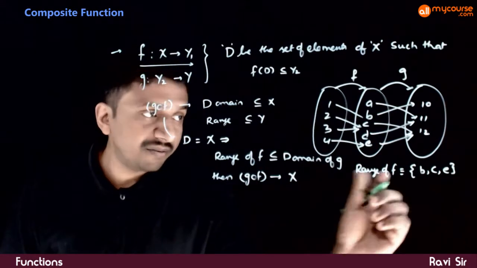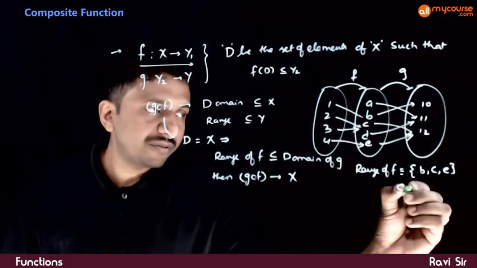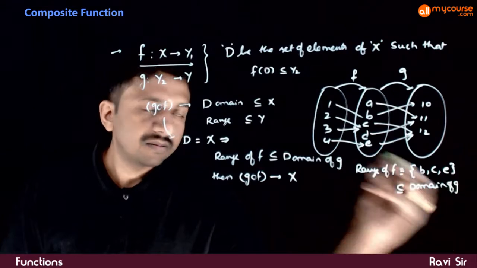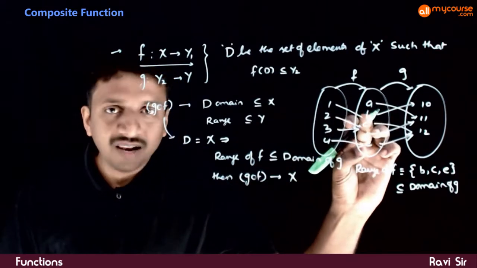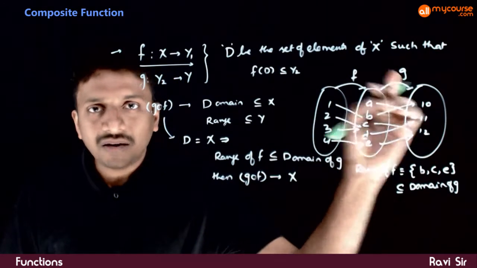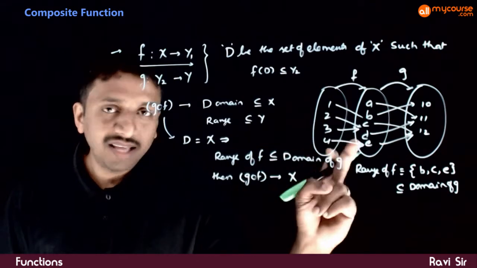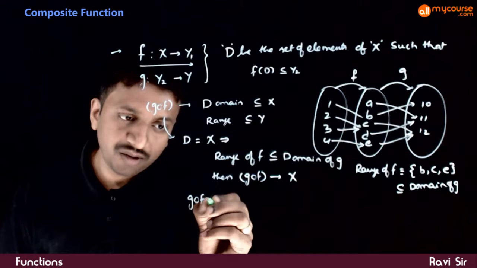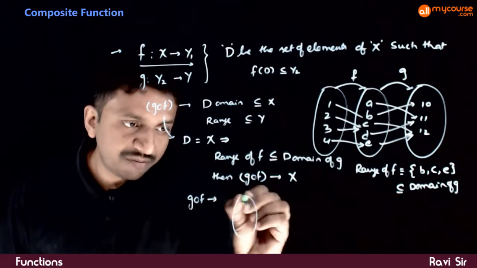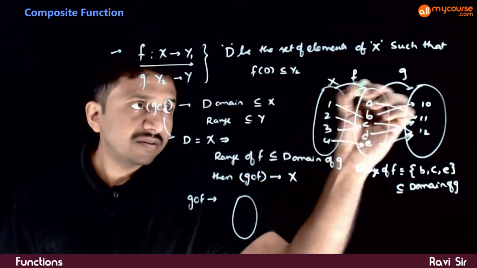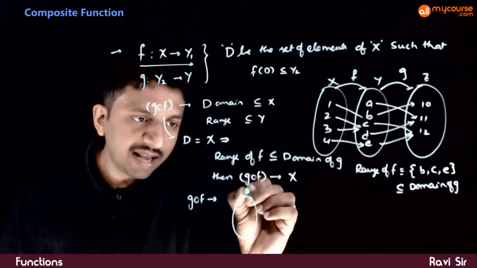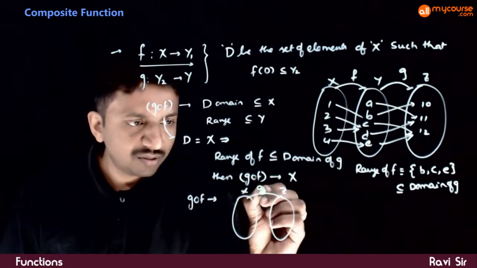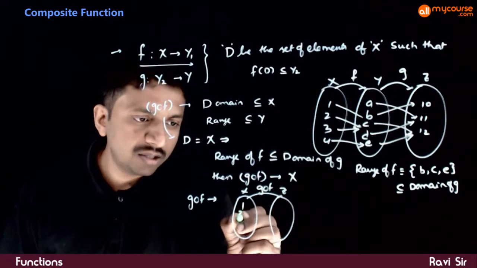So if the range of f is a subset of the domain of G, that means every element will be connected to another element through the function G. Then GOF can be said to be defined from X to the set Z. So GOF: 1, 2, 3, 4.